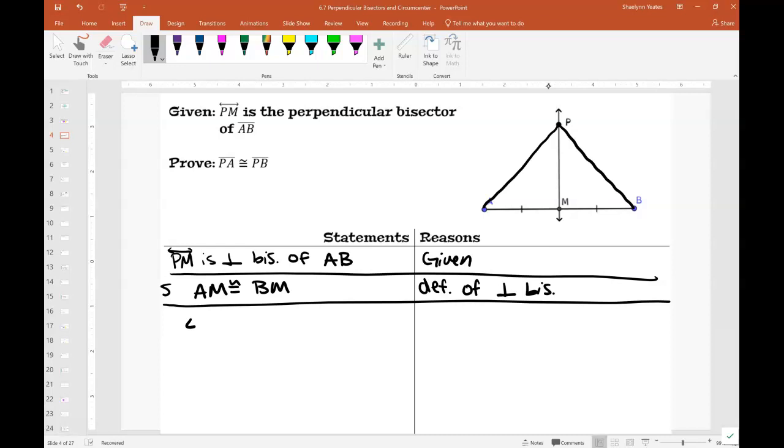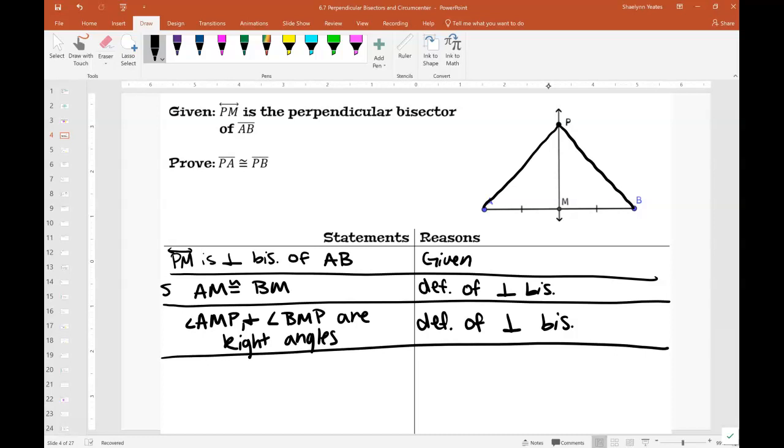We can say that angle AMP, sorry, that should be a P, angle AMP and angle BMP are right angles. And this again is by the definition of perpendicular bisector.